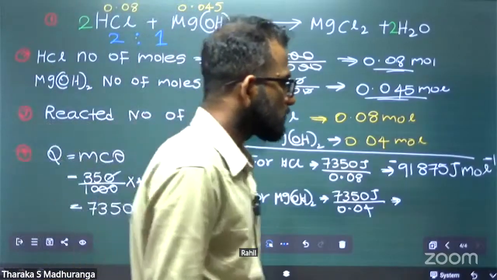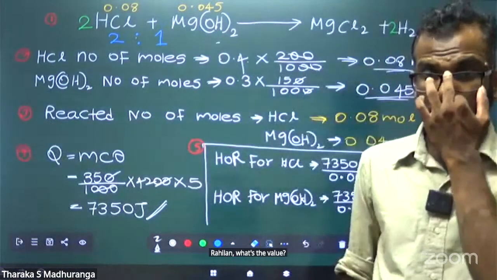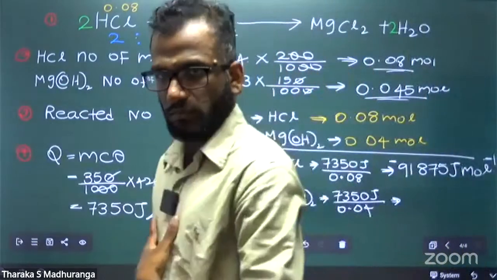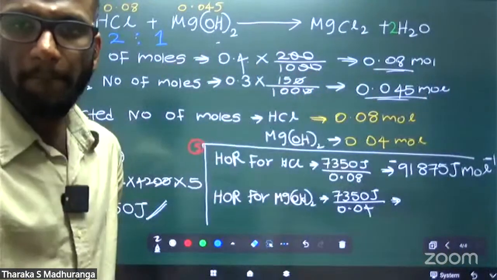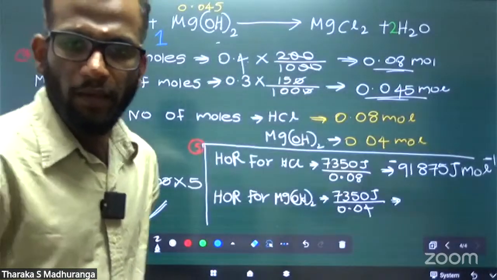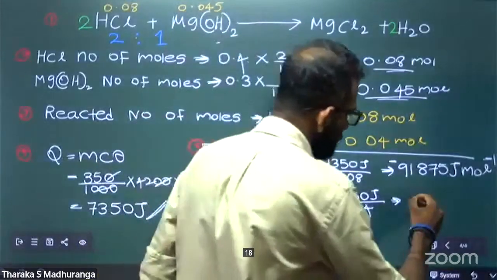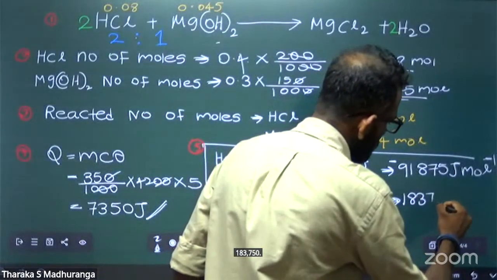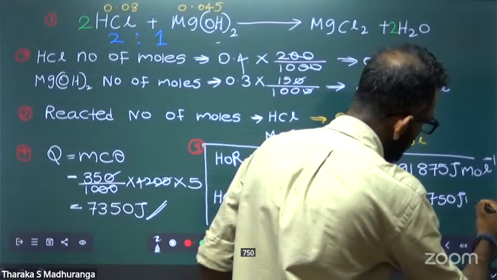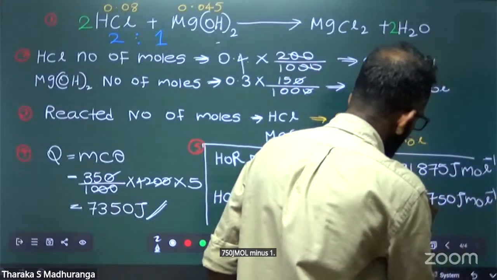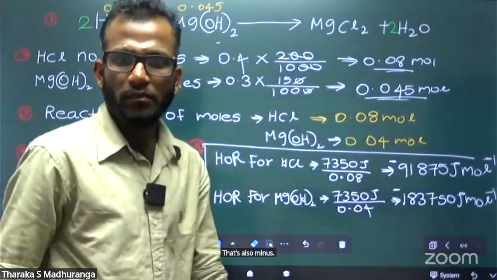Rehlan, what's the value? 183,750 J mol^-1. That's also minus, because exothermic.